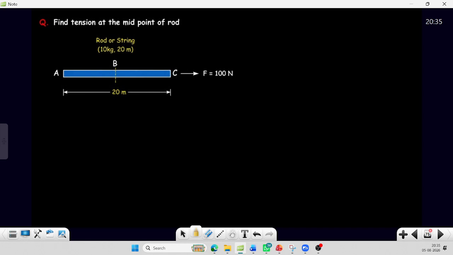They have given us some rod, just imagine, and some forces are applied. They are asking to find the tension at the midpoint.